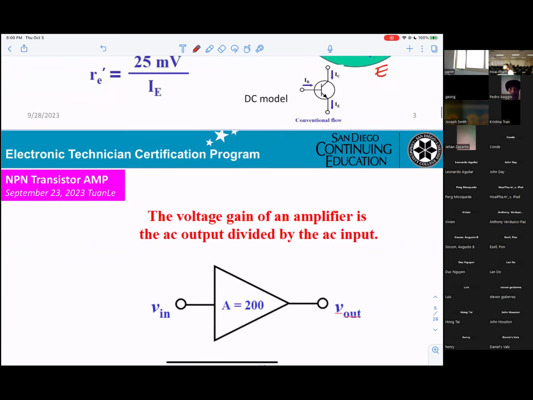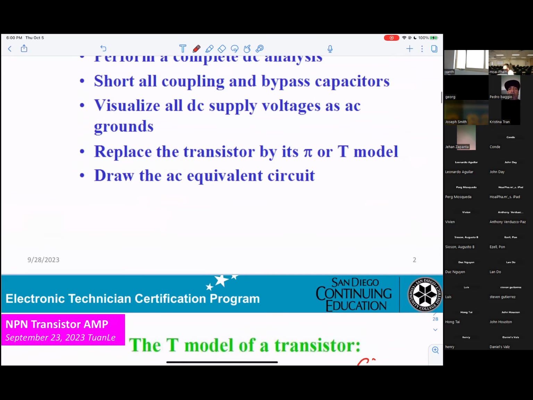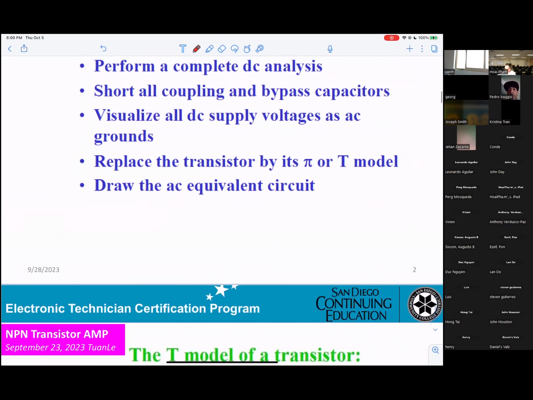Let's see. Here. Visualize the DC supply voltage at AC ground.